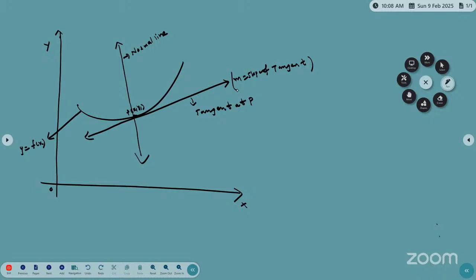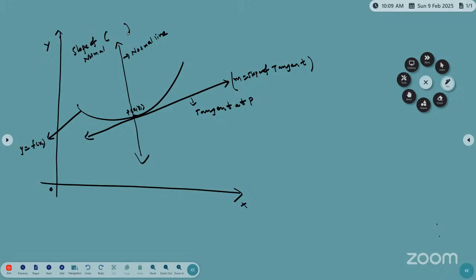If m is the slope of the tangent, then what is the slope of the normal? Think. I'm giving the slope of the first line.